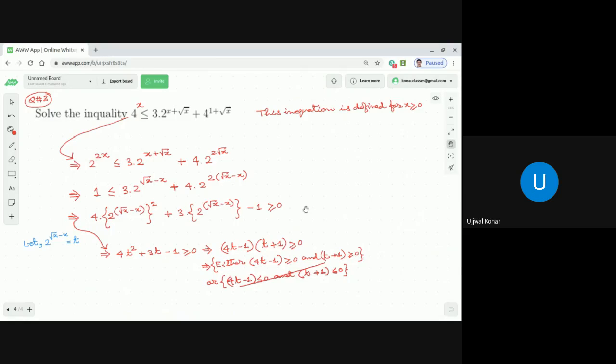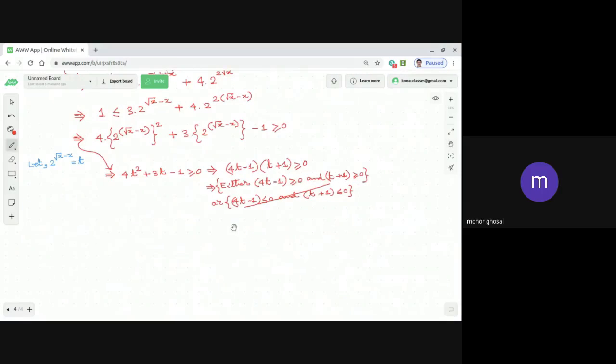Okay, so then what are we going to get? We are going to get only this part, that is 4t minus 1 greater than or equal to 0 and t plus 1 greater than or equal to 0. t plus 1 is obviously greater than or equal to 0, because t is equal to 2 power square root of x minus x. So we can just conclude that 4t minus 1 is greater than or equal to 0.